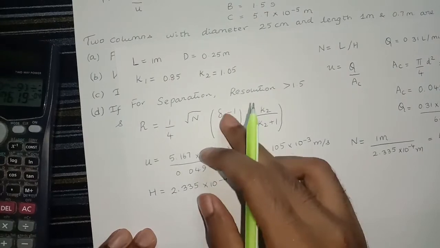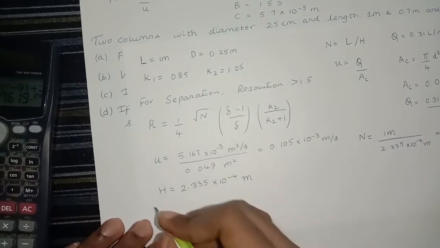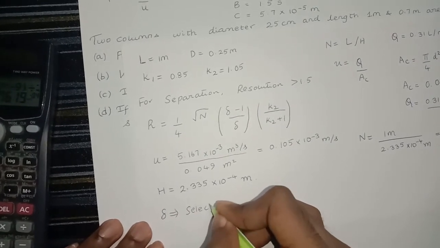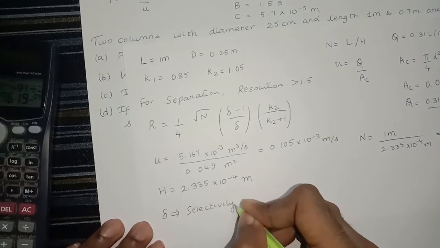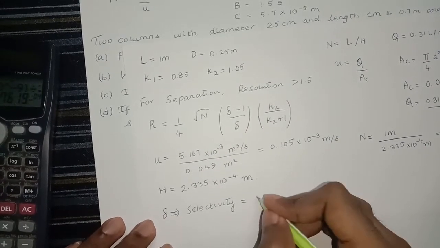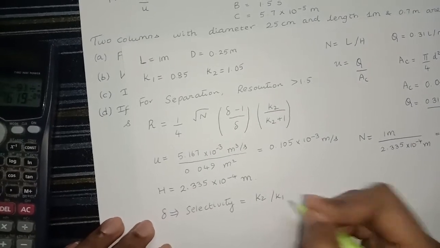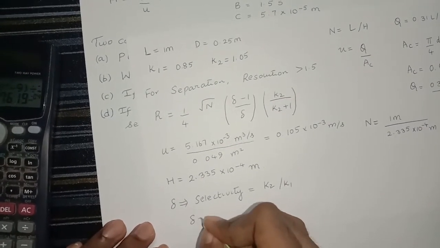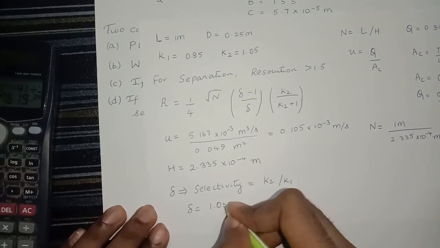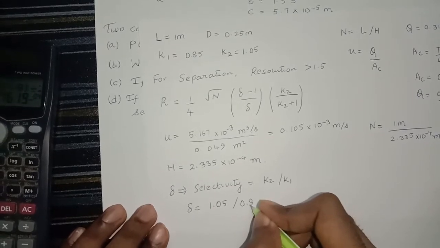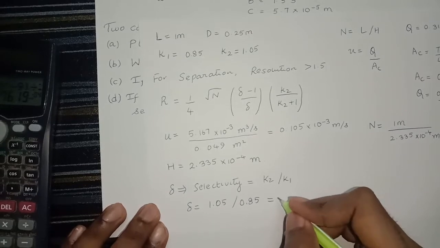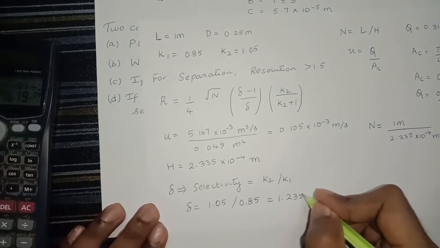We have the value of N. So let's come to the selectivity, or delta. Delta is the ratio of the capacity factors, K2 over K1. So delta is equal to K2 1.05 divided by K1 0.85. The selectivity is 1.235.